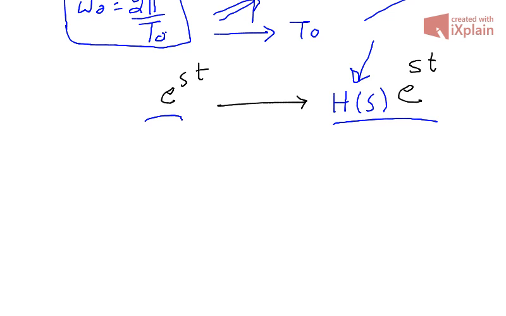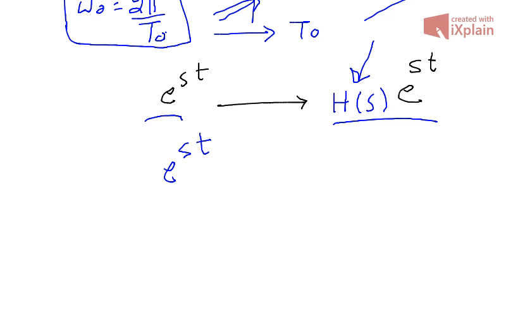When you give the input as a complex exponential, your output is also a complex exponential, and this e raised to the power st is the eigenfunction.